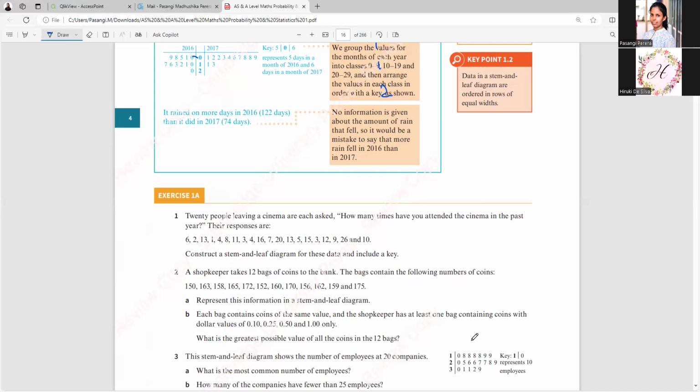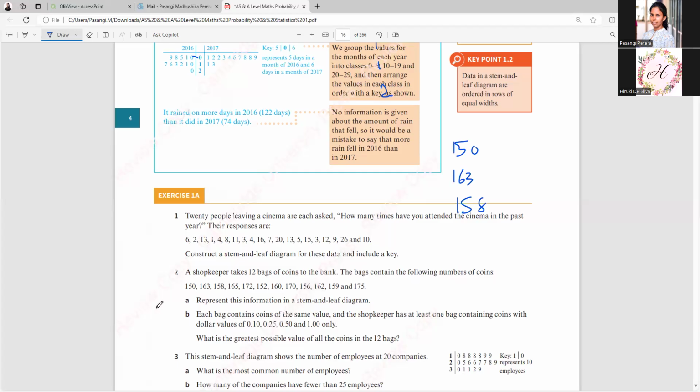Okay, so here we have a bag with 150 coins, 163 coins, 158 coins. Likewise, we have bags. So we don't know the actual dollar value of these ones.